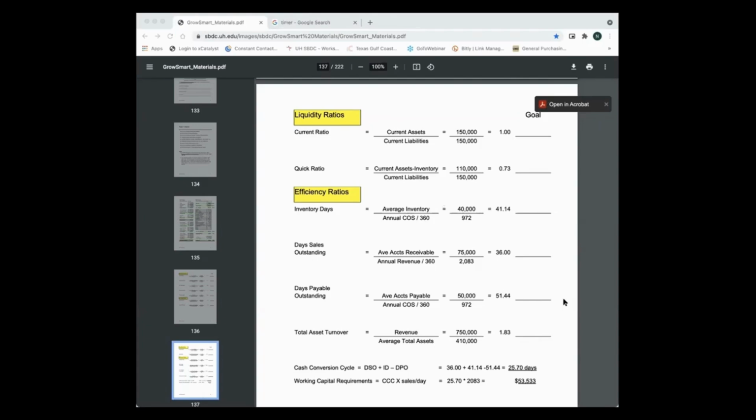Now, is that a good number? How would I tell if that's a good number? Well, the best number to judge that by is our credit terms. So if I'm allowing my customers to pay me, if my credit terms are 30 days, if I tell my customers, you need to pay me every 30 days, 36 would be okay. Because I always have one or two customers that may be delinquent, that may pay late.